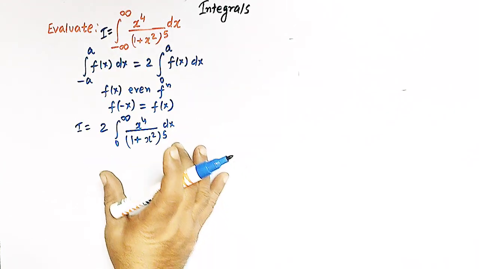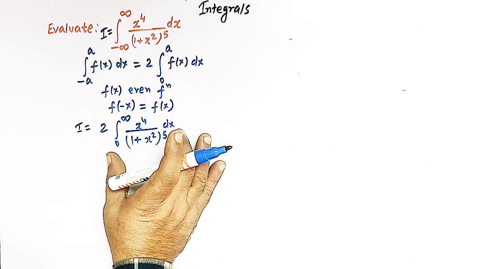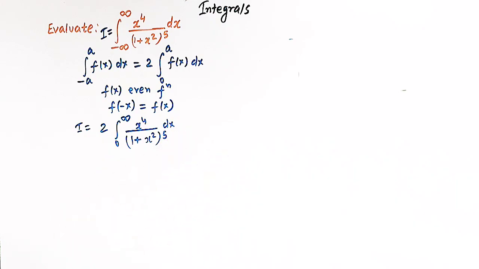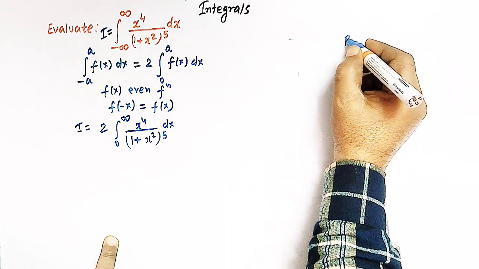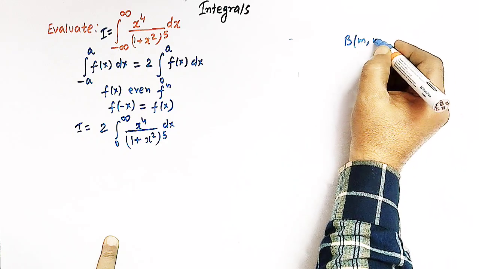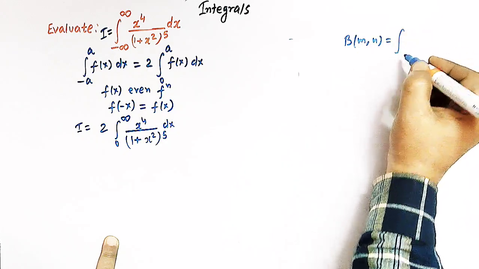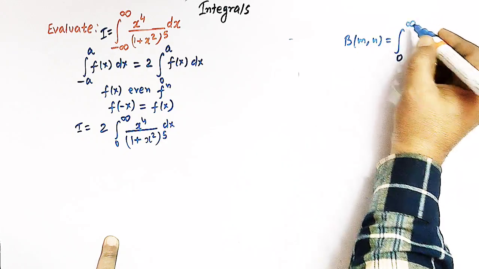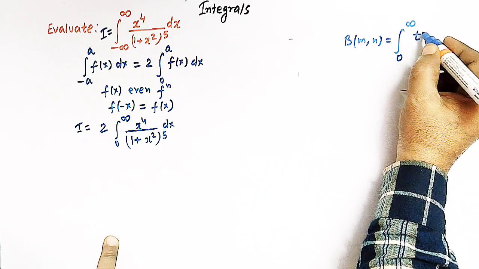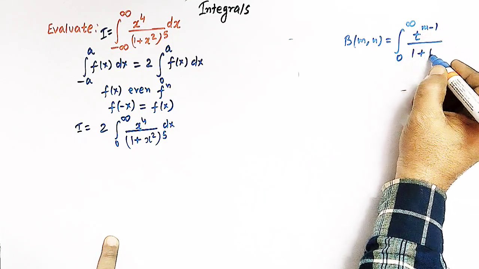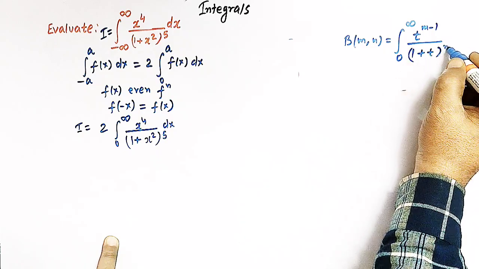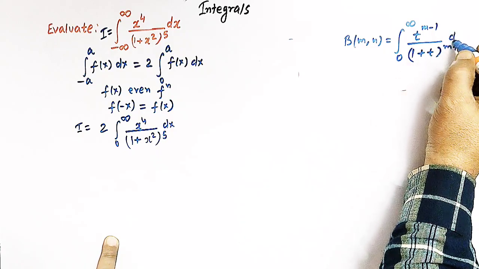Now our next step is to convert this integral into a beta function. Here we are going to use these important results. The beta function, beta m comma n, is defined by the integral from 0 to infinity of t raised to m minus 1 over (1 plus t) raised to m plus n dt.